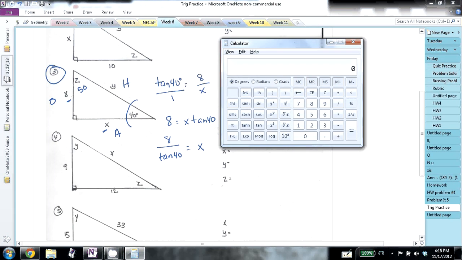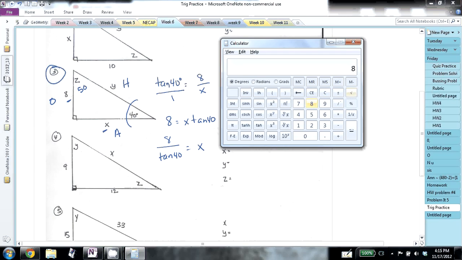In your calculator, you may be able to do it all in line, 8 divided by. So let's see, 40 degrees, I need the tangent of that, so it's 0.83909, and I'm going to divide that into 8. So 8 divided by 0.839.